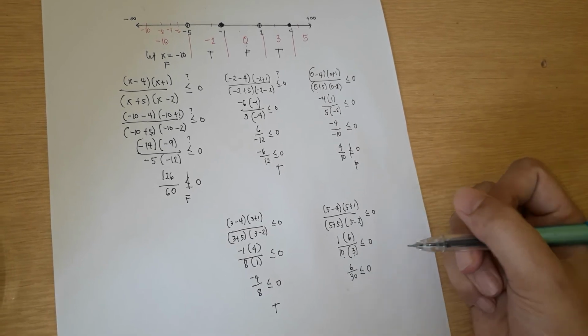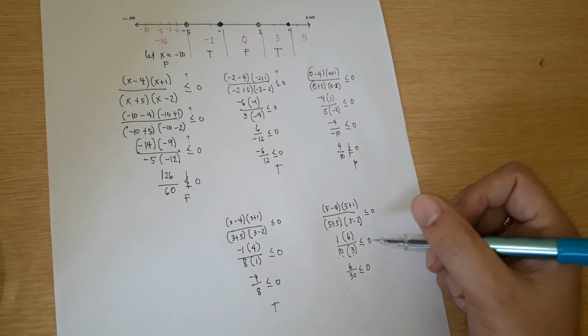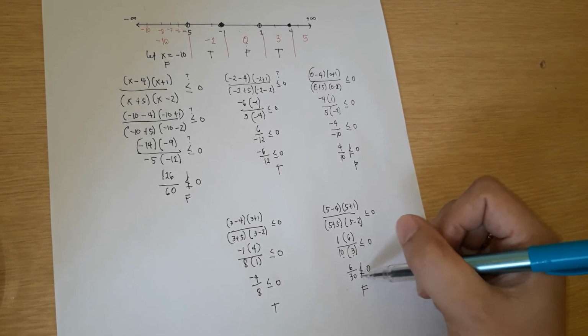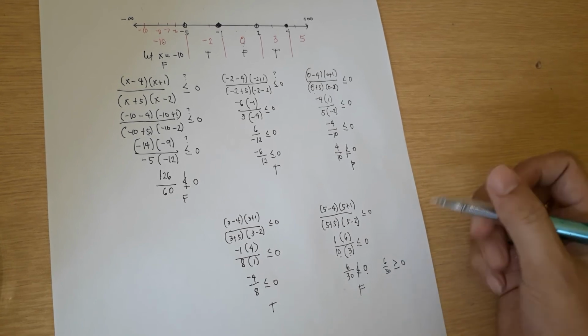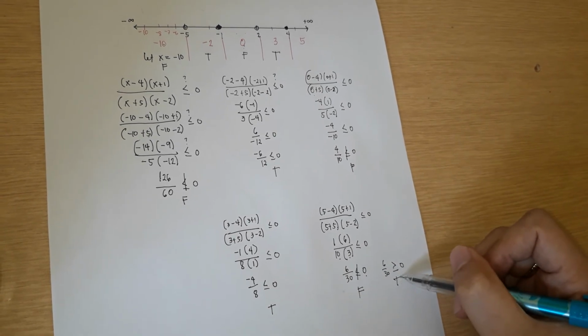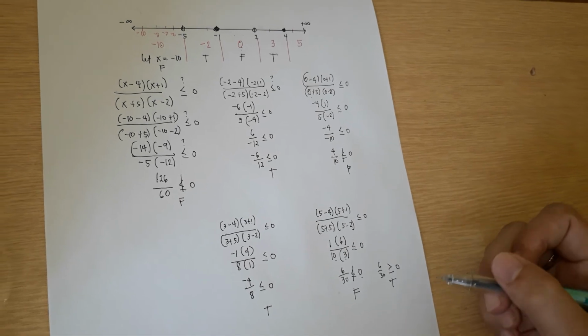Is it less than or equal to 0? It's false. Kasi mas malaki siya sa 0, so dapat 6 over 30 is greater than or equal to 0. So, this one will be true.